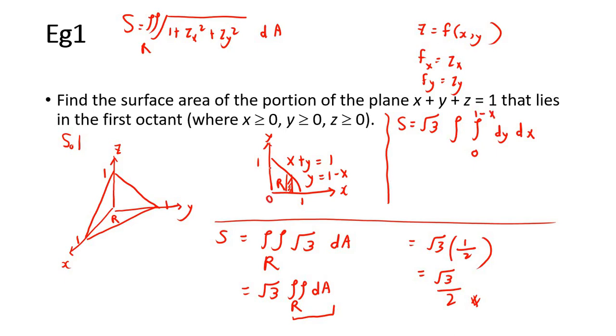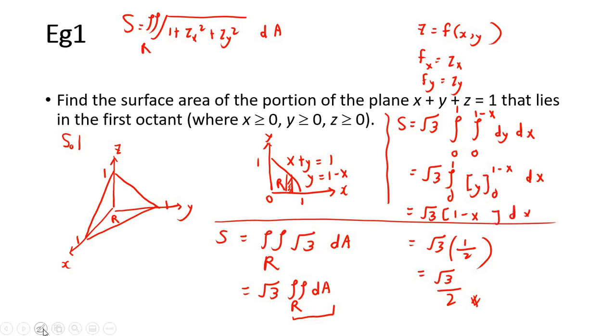Then later on we sum up the vertical bars from the y-axis, which is x equals 0, up to x equals 1. Evaluate it. Integrate 1 with respect to y, you have y. Plug in the limits from 0 up to 1 minus x, dx. So 1 minus x dx.